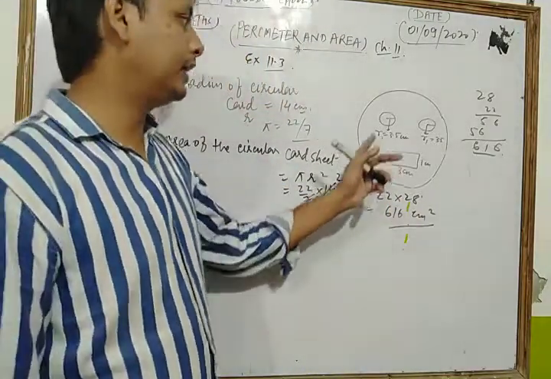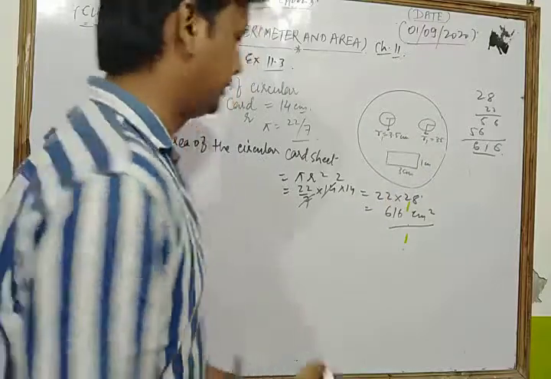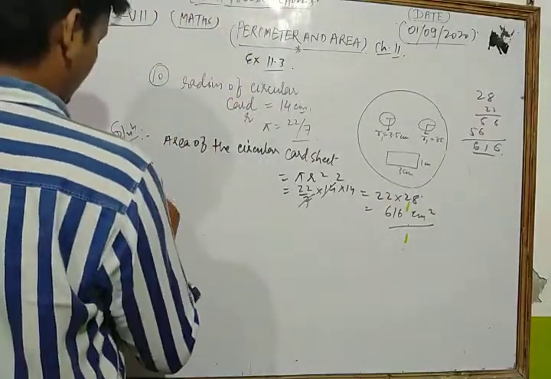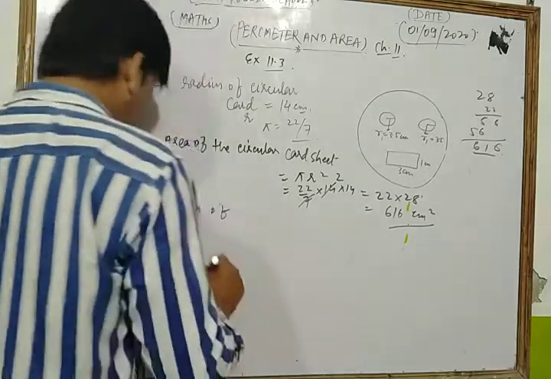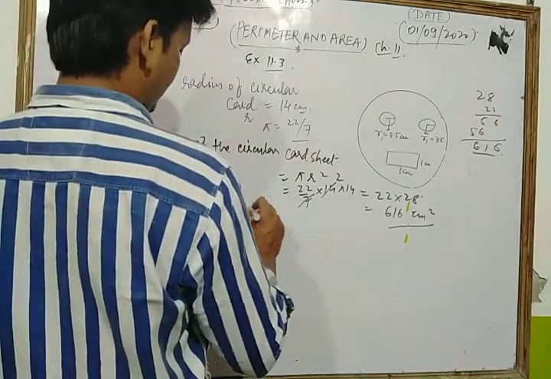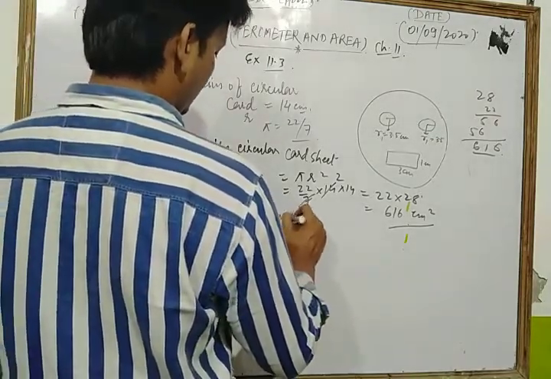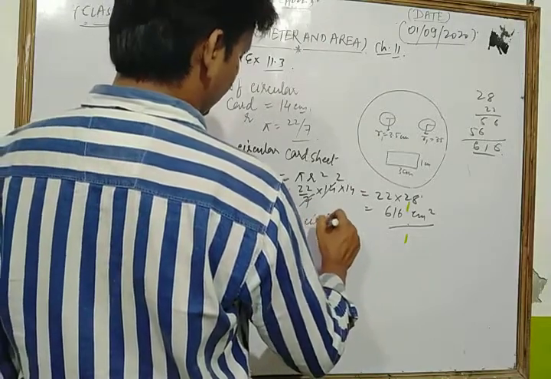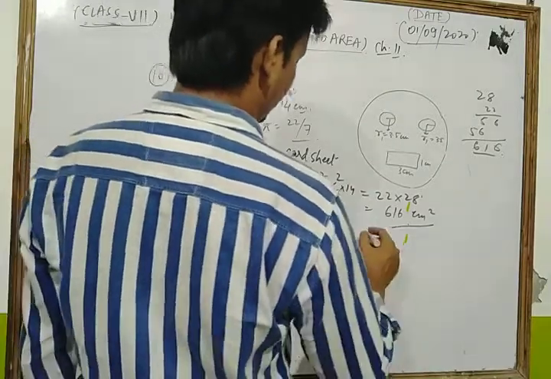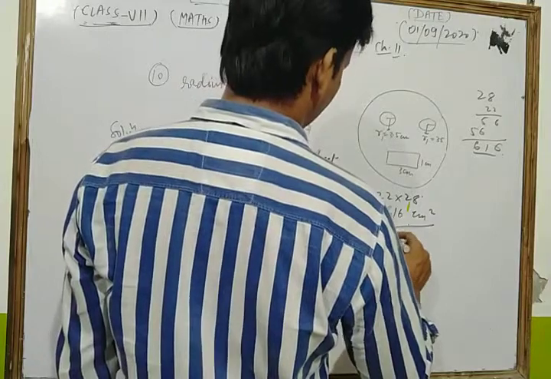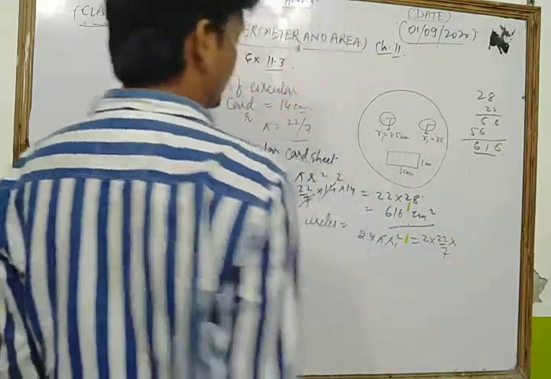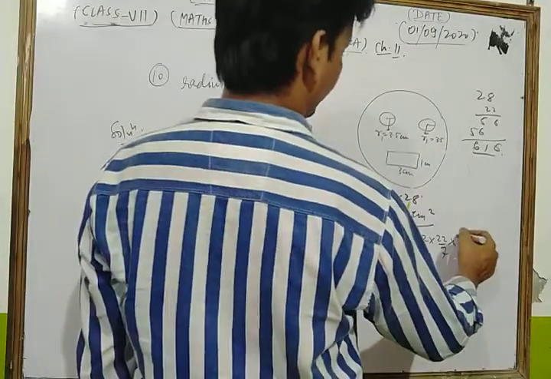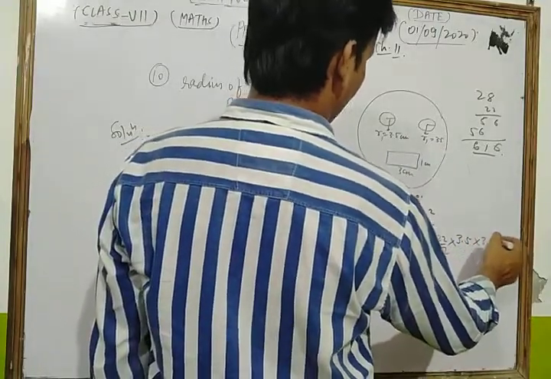Now we find the area of the two small circles, which is 2 into pi r1 square. So 2 into 22/7 into r1 square. r1 square means 3.5 into 3.5.